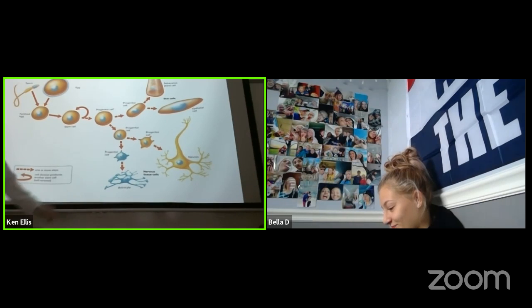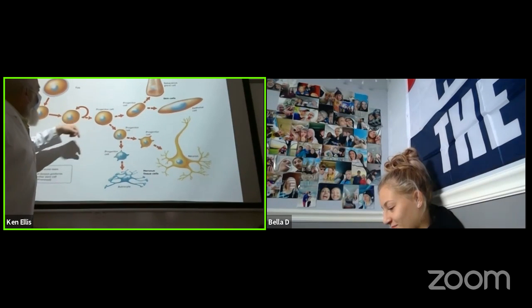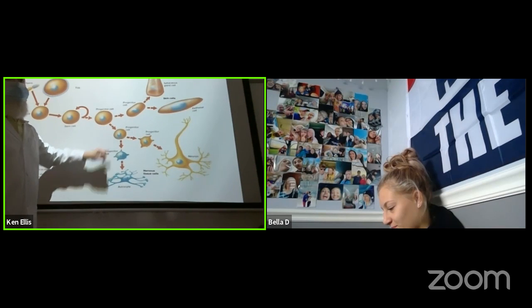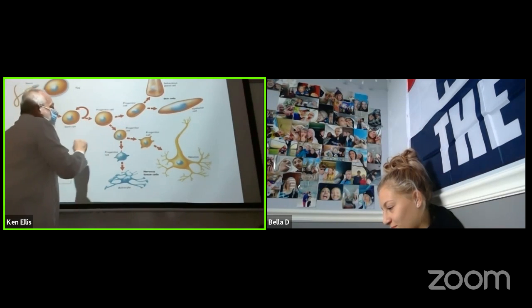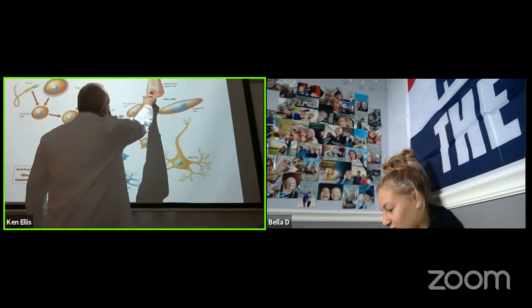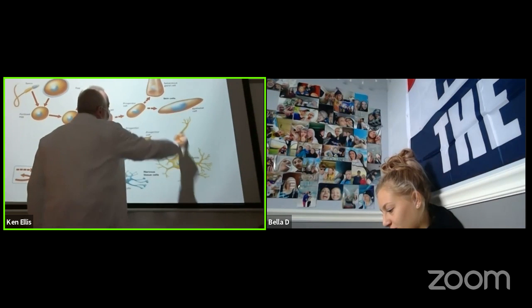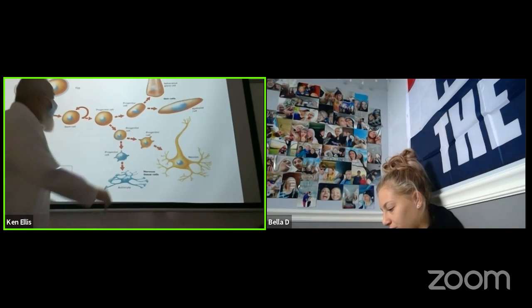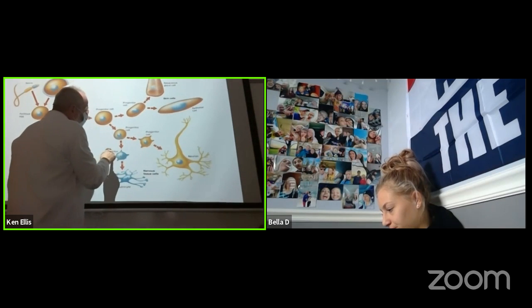Okay? But this one, we're going to divide more, divide more, divide more. Now we've got progenitor cells. This one can basically become a sebaceous gland type cell or skin cell, but nothing else. This is another progenitor cell that came from these progenitors.